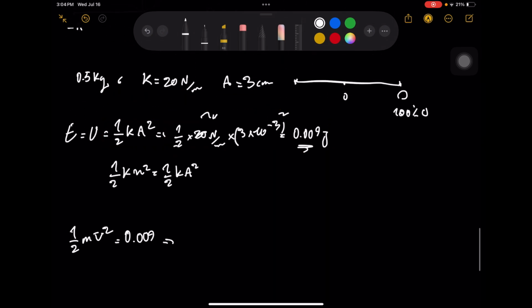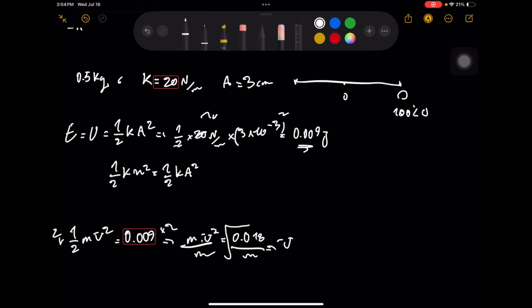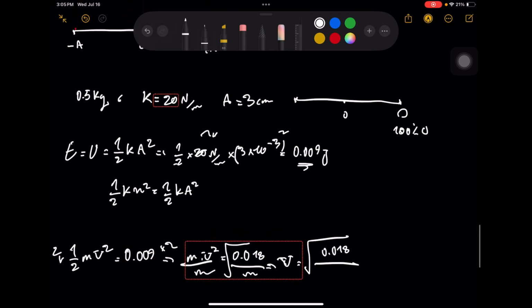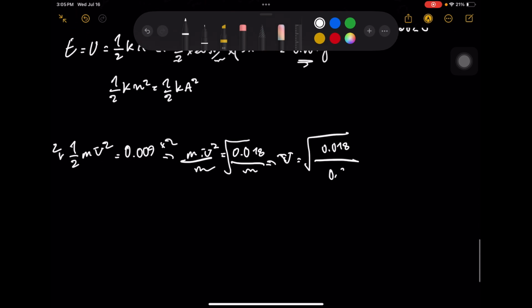If we multiply this one by 2 and this one by 2, we say m v squared equals 0.018, and then we divide by m. So the velocity equals the square root of 0.018 over 0.5, half.